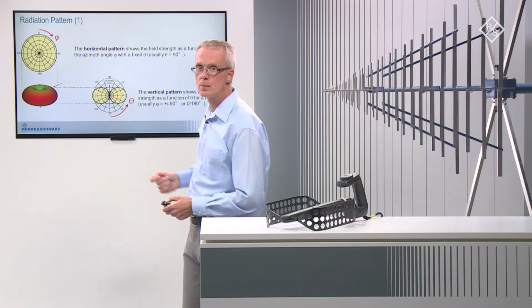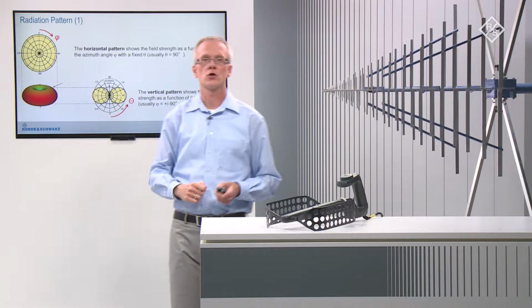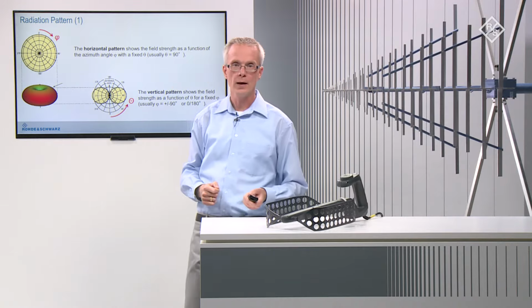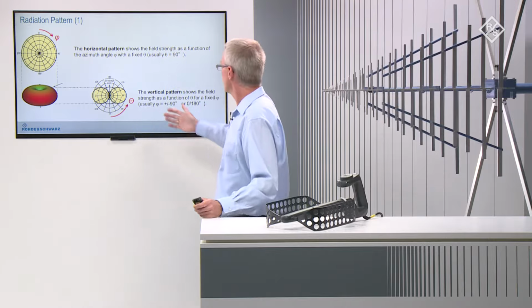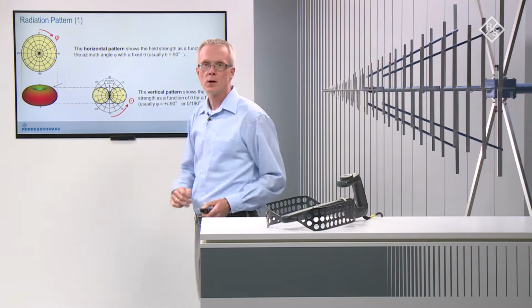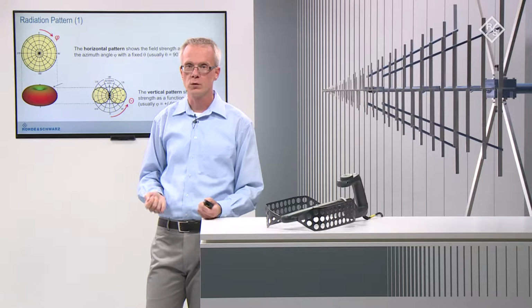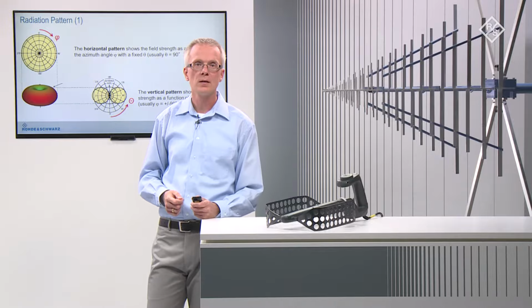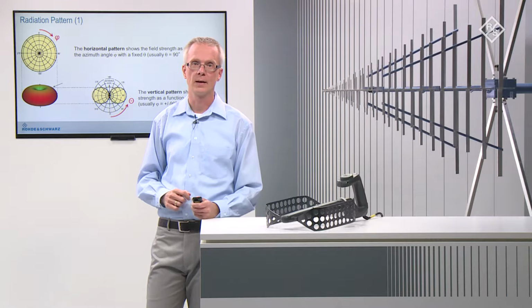The horizontal pattern shows the field strength as a function of the azimuth angle phi with a fixed theta. The vertical pattern shows the field strength as a function of theta for a fixed phi, which is usually plus or minus 90 degrees or 0 or 180 degrees depending on the scaling.